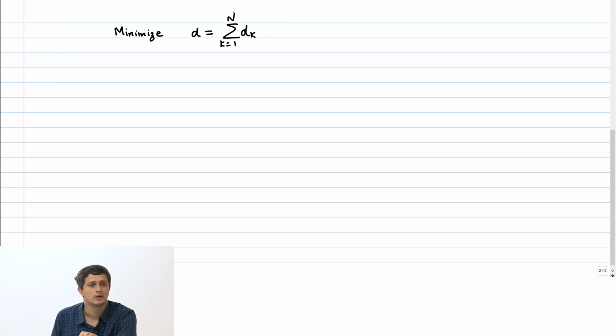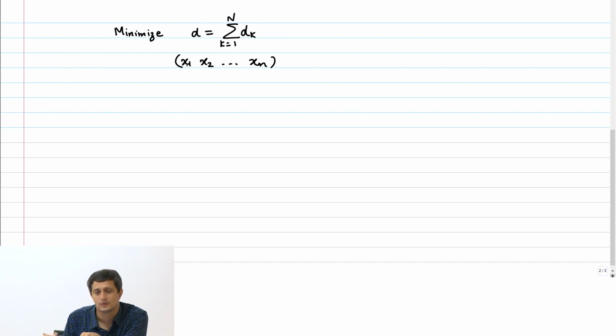I want to minimize this, and my variables are x1, x2, up to xn, right? Actually xn and x0 are fixed. I have to find the other n minus 1 variables in between.